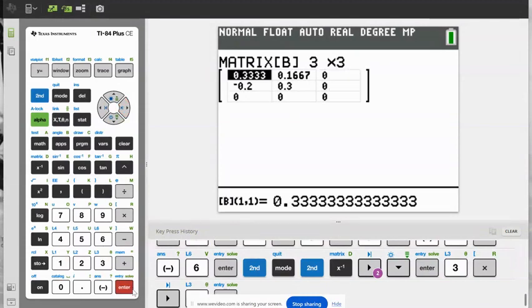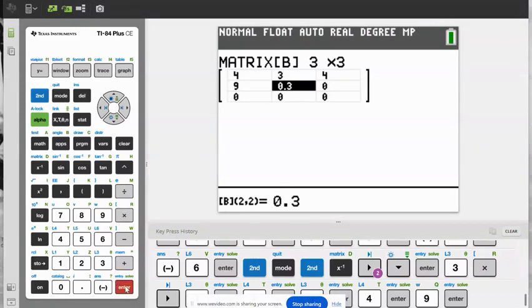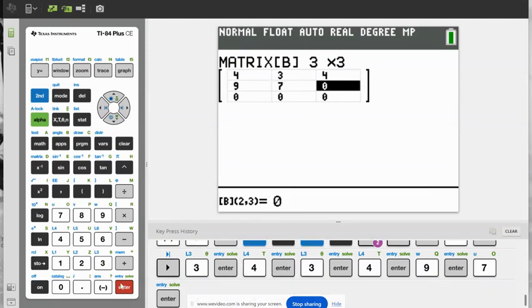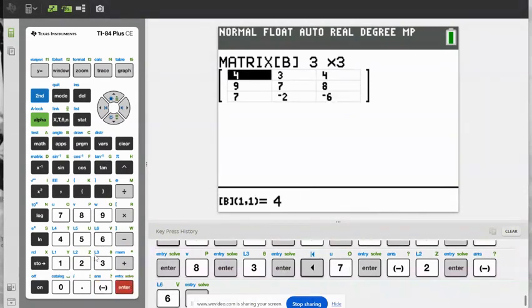And now I'm going to enter in those elements. All right, so we're then going to press second quit to save it.